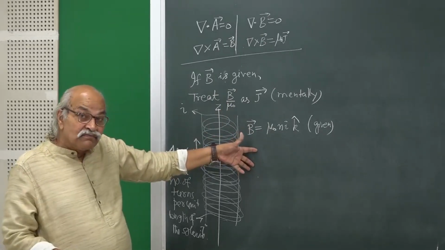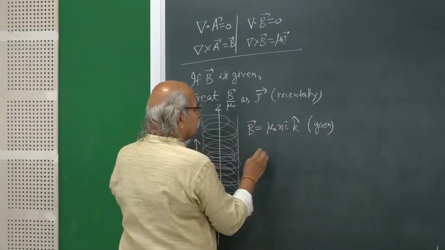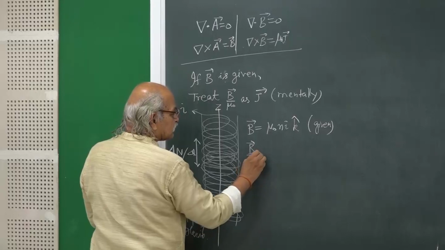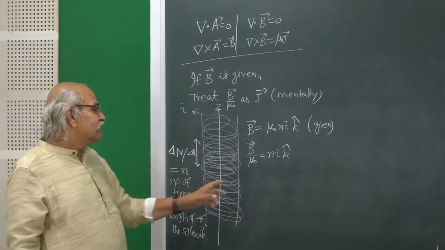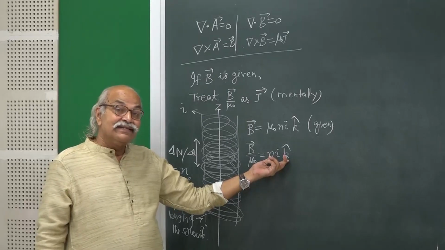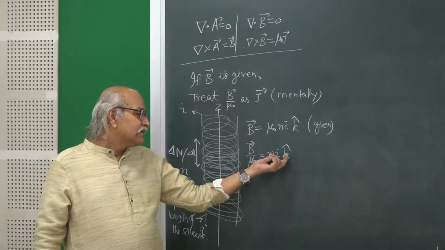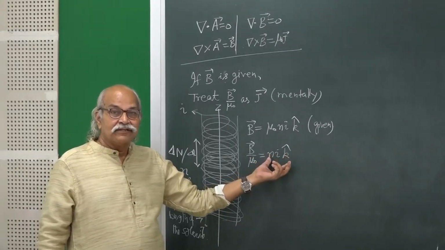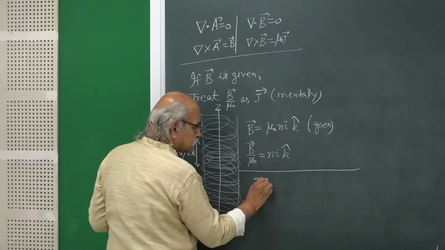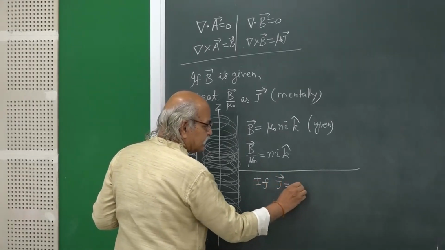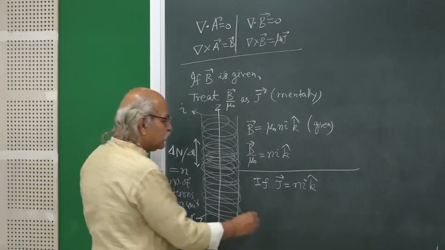So, mentally, we take this expression B by mu naught, this is n I k cap, and we pretend that this expression is the current density J. Whatever B by mu naught is, we pretend that this is the expression for the current density J. So, this is our virtual calculation: if J is equal to n I k cap, what is B?